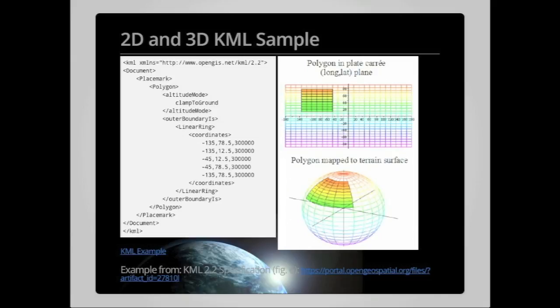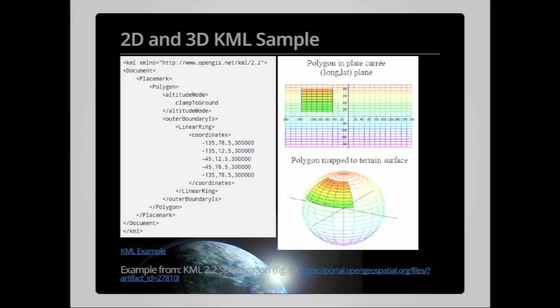So here we have an example of a very simple KML file on the left that, after our introduction to XML, should look fairly familiar. And in this case, the document is contained within this KML root element.